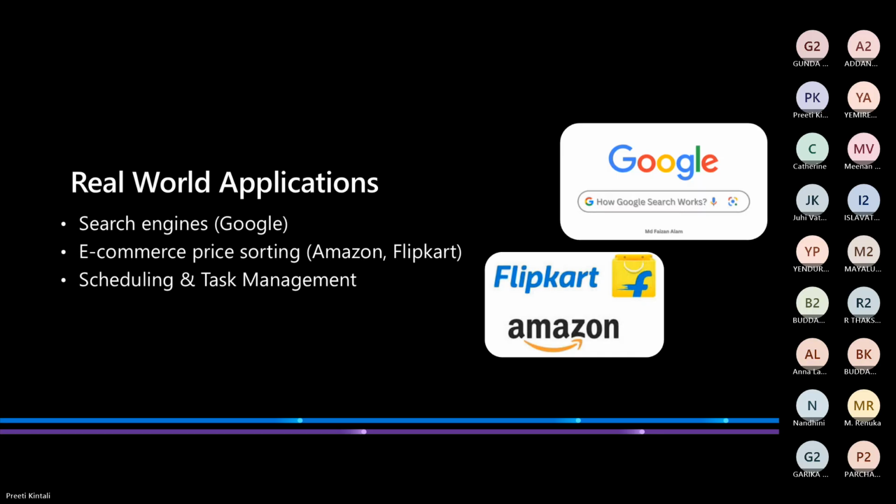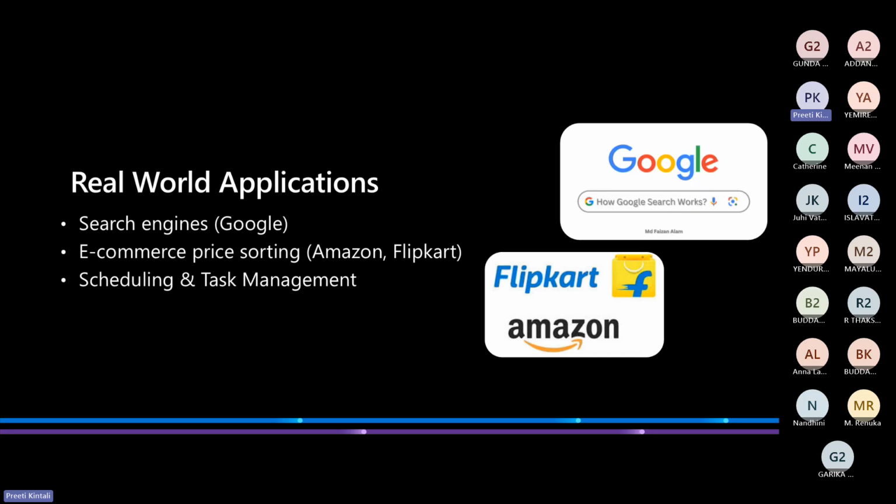Let us take e-commerce websites like Amazon, Flipkart and Myntra. There we have filter options where we can filter according to our needs, and we can also sort in A to Z order.